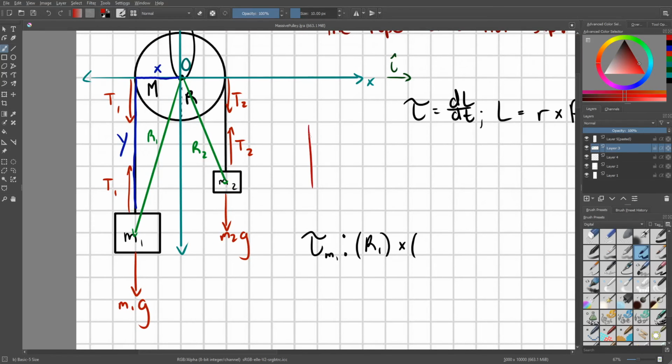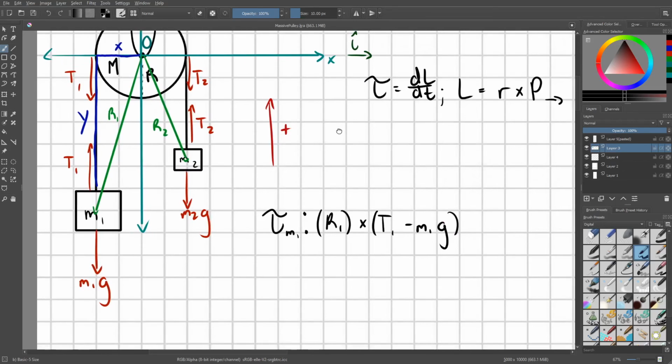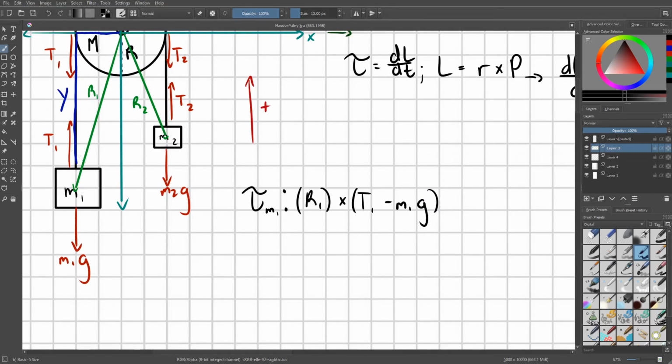So if things go up, that's positive. So therefore, our forces on M1 are T1 minus m1g, and these act in the j-hat direction.